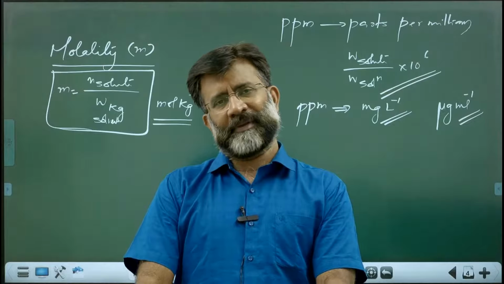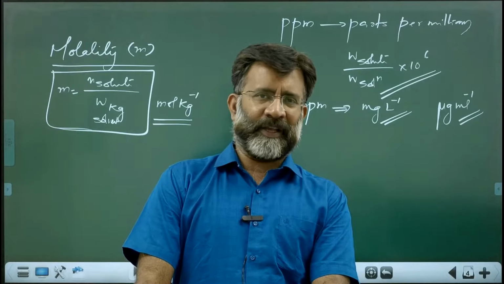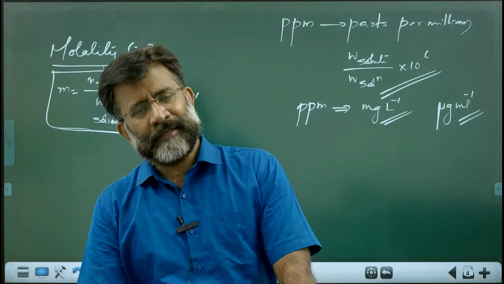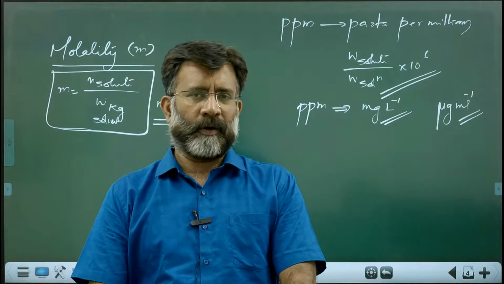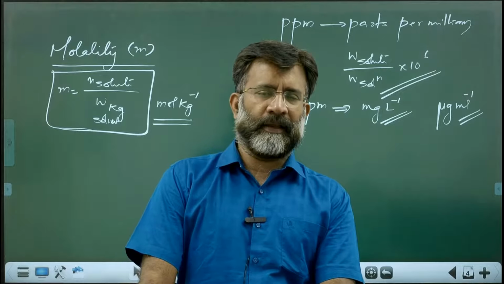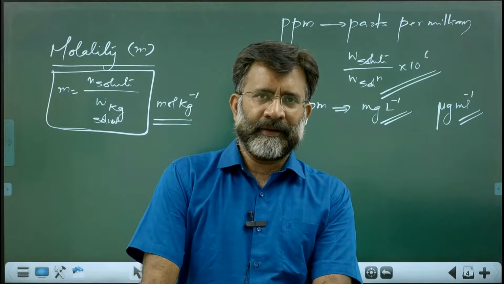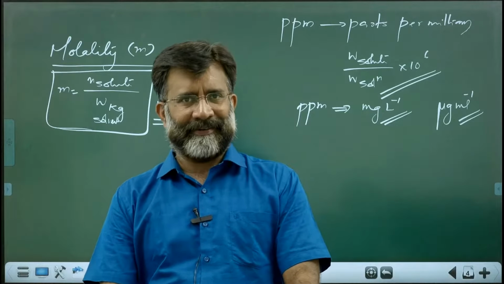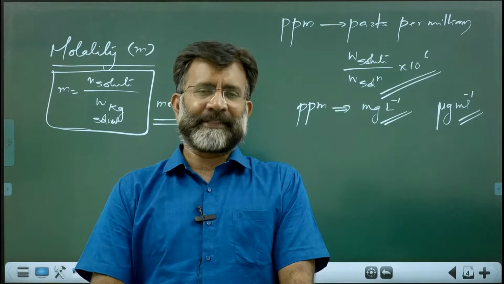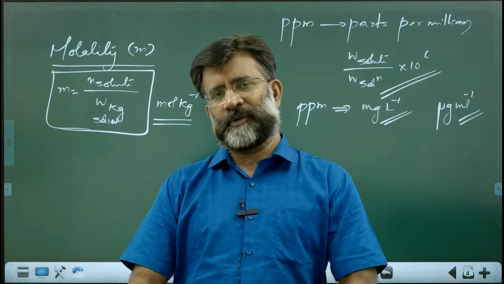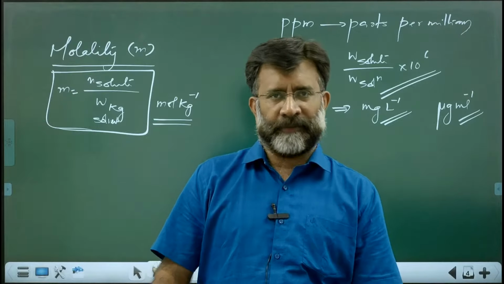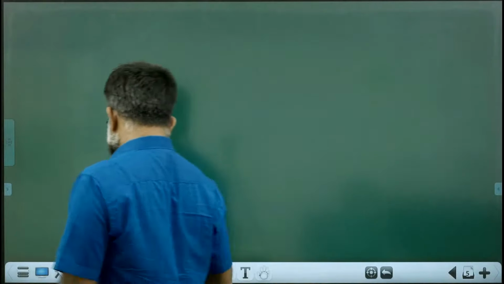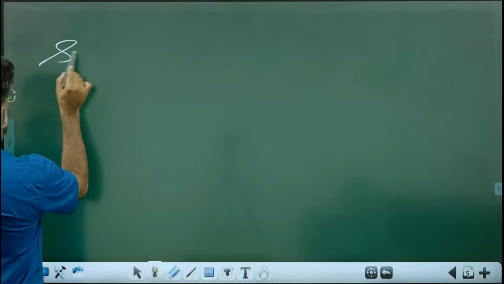These are the important concentration terms that we encounter in calculation purposes, numerical problems, etc. Once we finish that, the topic that we are going to discuss is solubility, solubility of various conditions.